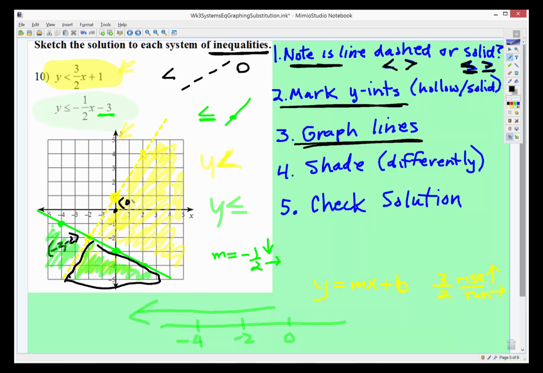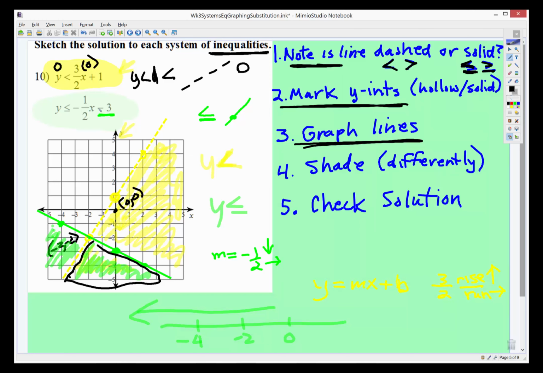Check 0, 0, so right here we're going to put 0 in for y, 0 in for x, and this would now say y is less than, well, 3/2 times 0 is 0, y is less than 1. Well, that is true. Well, that makes sense. 0, 0 is under the yellow highlighted.